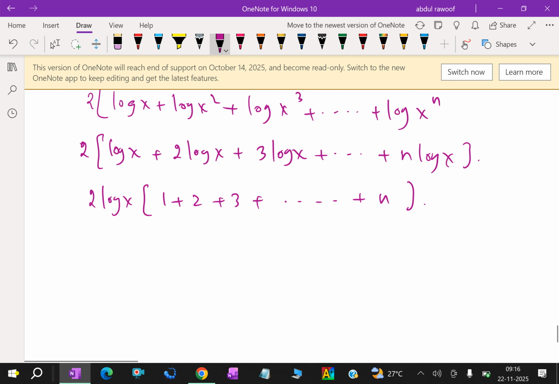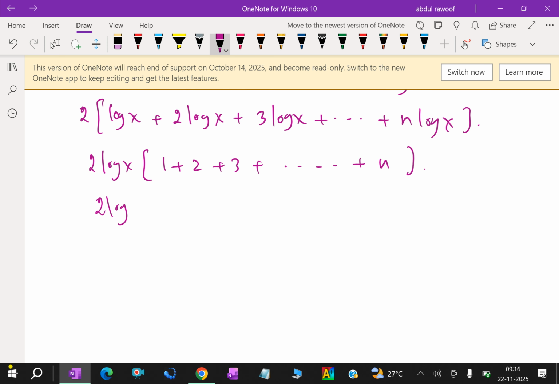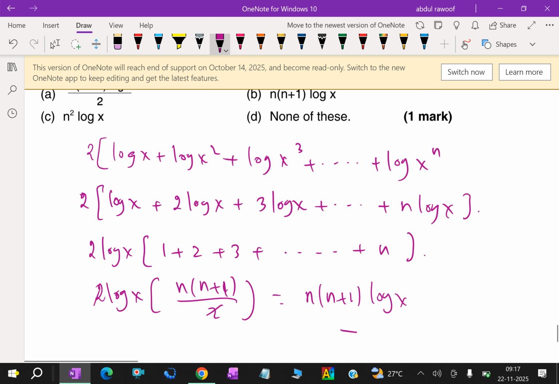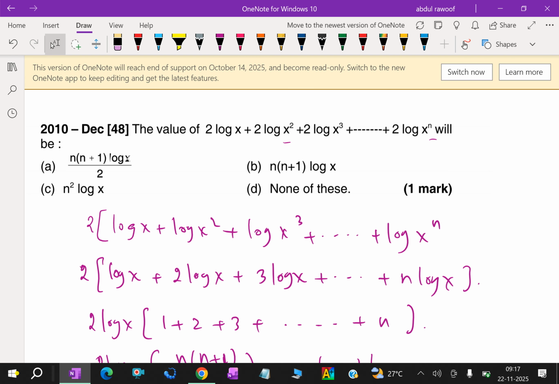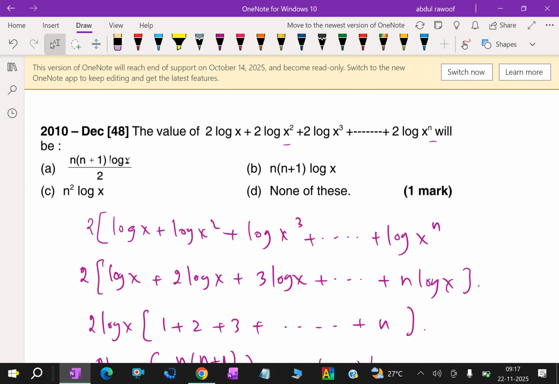We know that the sum of n natural numbers formula is n into n plus 1 by 2. So 2 log x times n into n plus 1 by 2. This is correct. So the answer is n into n plus 1 log x. That is option B.